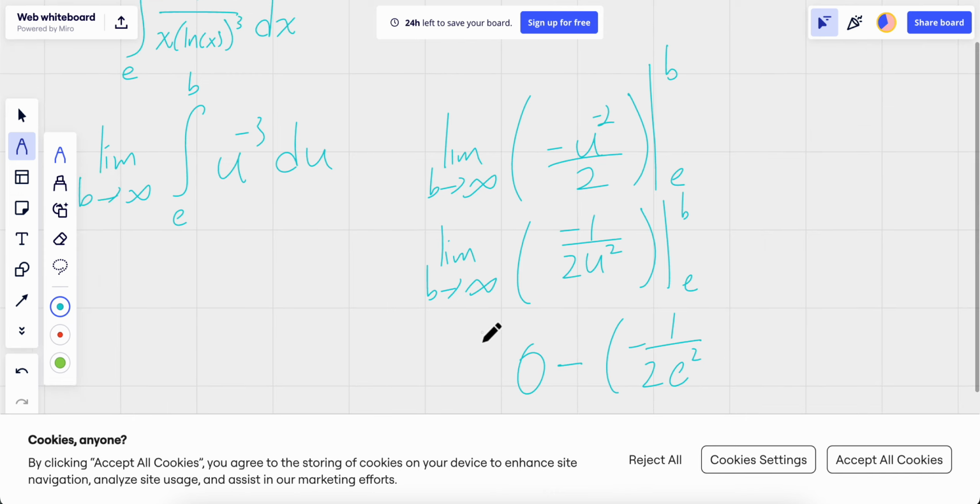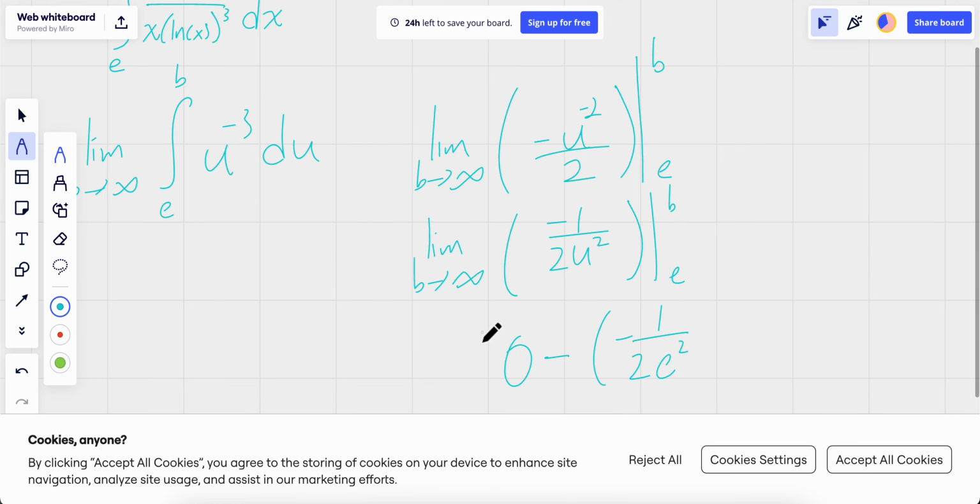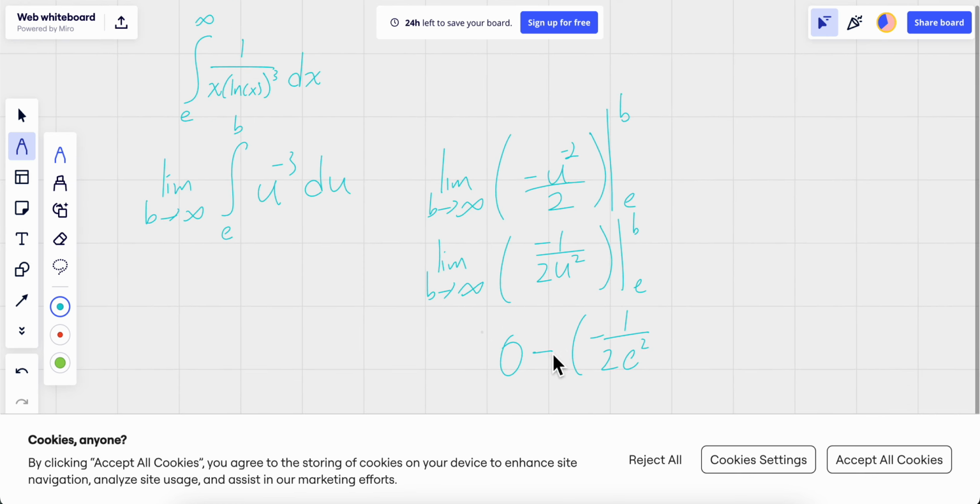Oh wait, I skipped one really important step. Just before we do all that, we have to remember to plug back the ln of x, because we let ln of x be u. We can't just evaluate things at u. We have to plug things back.